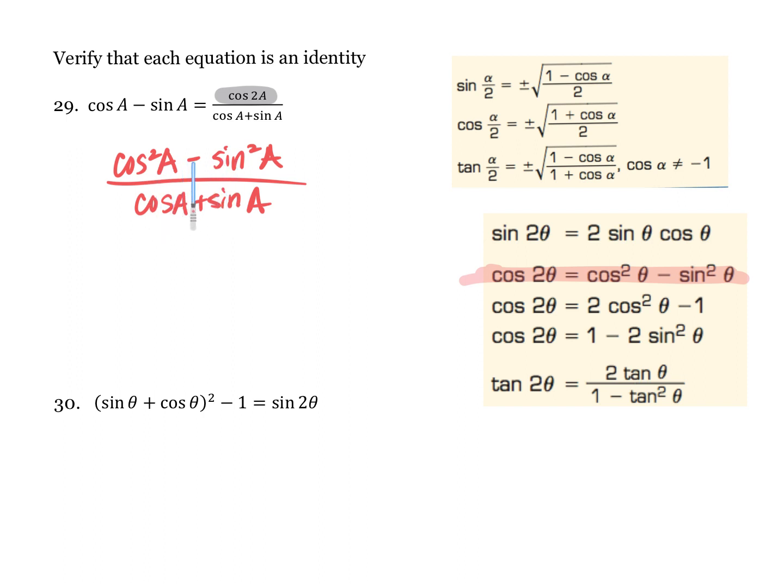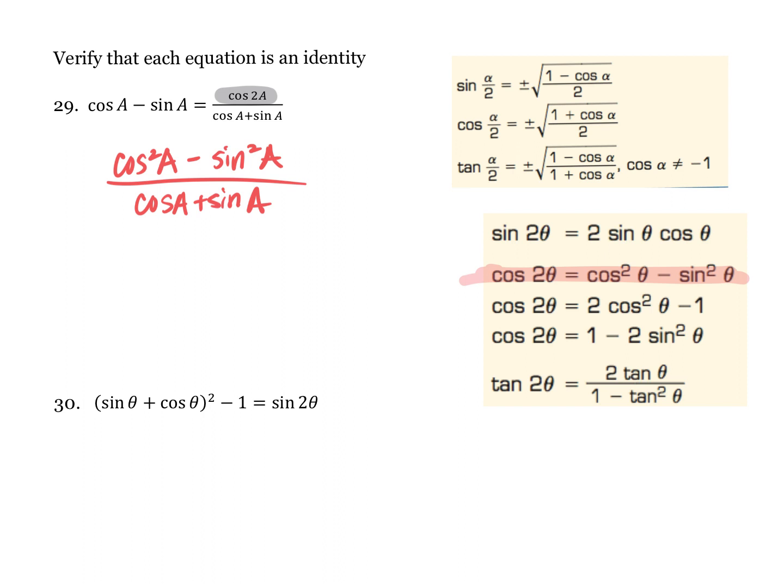We can't just cross out because we have plus and minus. You're going to cancel the bottom out? Nope, can't do that. I would conjugate it. How would I split this up? There's no square root. Cosine squared a minus sine squared a over cosine a. Nope, because this whole denominator needs to stay with both of them.